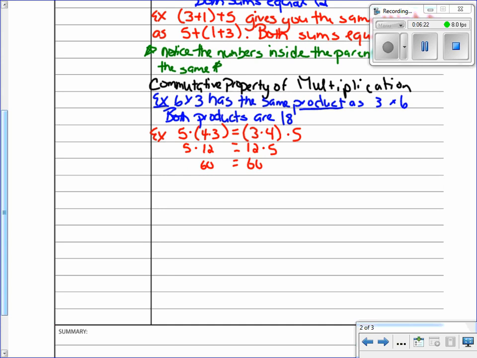The next property we're going to talk about is the associative property. The first one we're going to talk about is the associative property of addition.